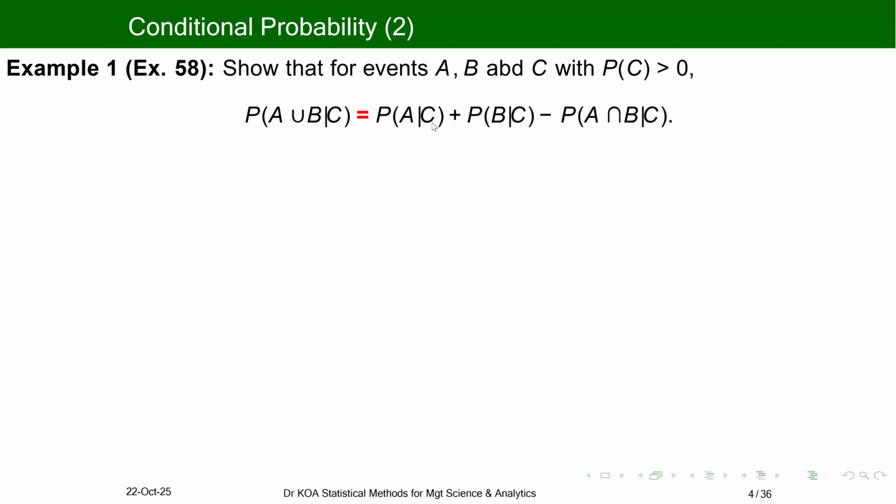In all of them, you have given C, and I've already said that C is positive. So the union of A and B given C is the probability of A given C, B given C, and then the subtraction of the intersections.